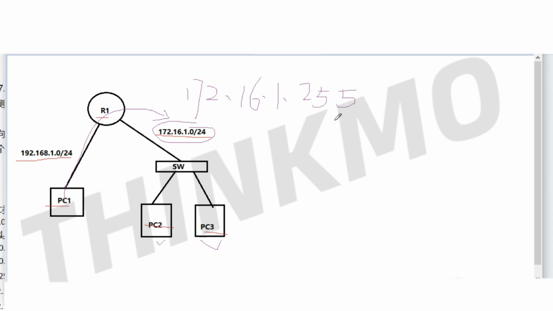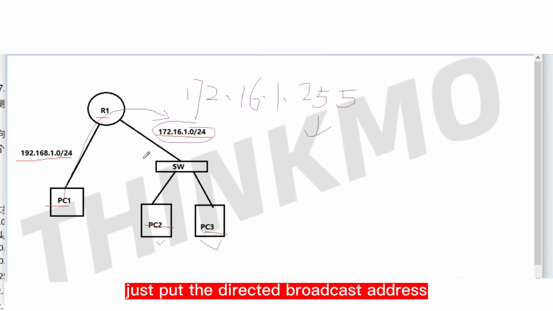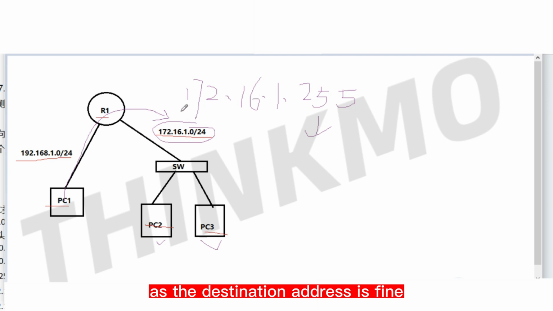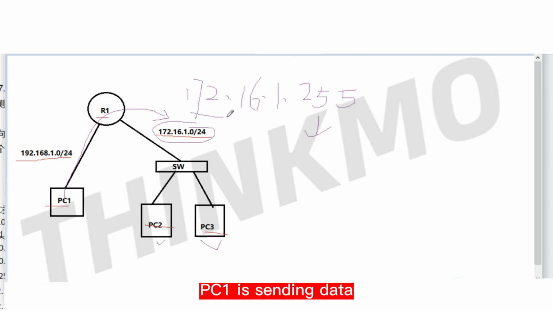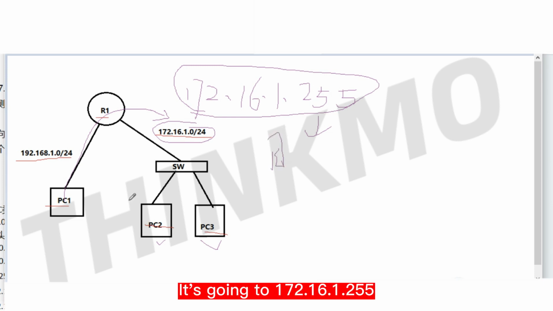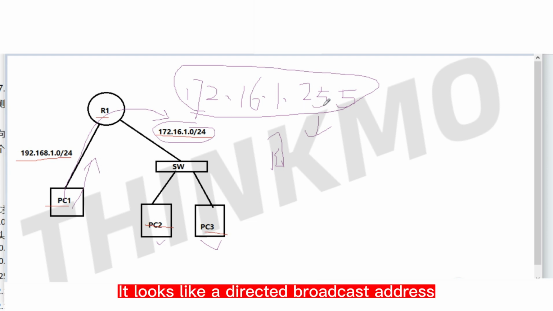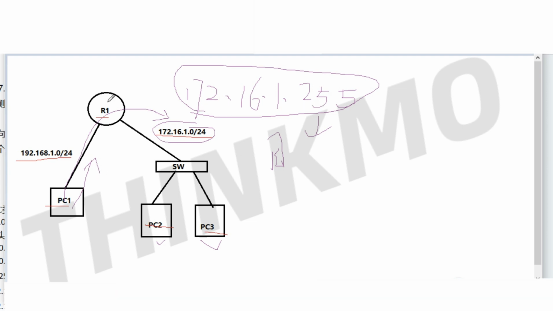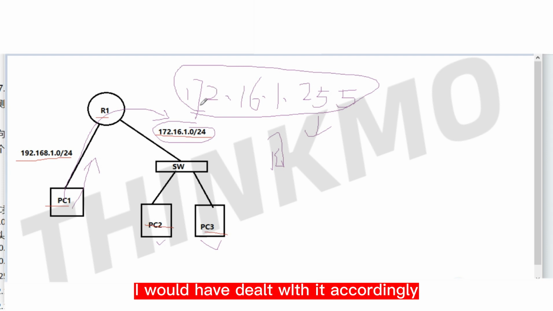172.16.1.255. That is to say, just put the directed broadcast address as the destination address. When PC1 is sending data, it's going to 172.16.1.255. When the router receives it and sees a directed broadcast address, it deals with it accordingly.